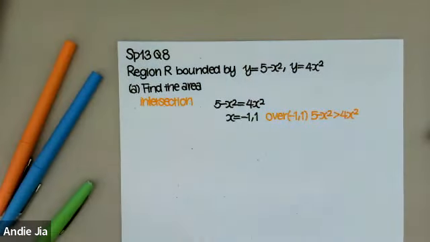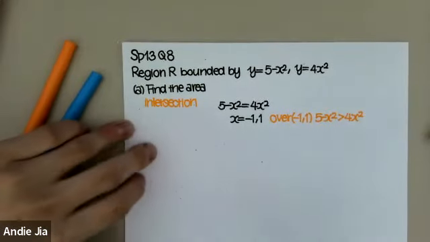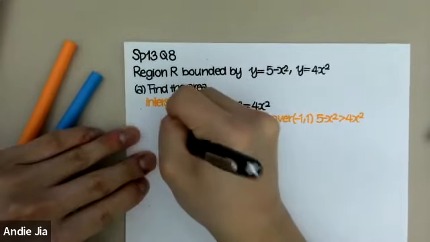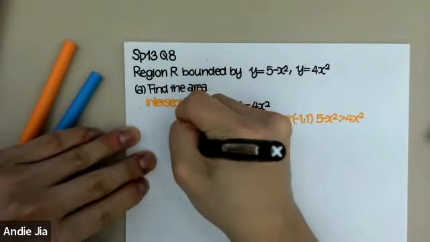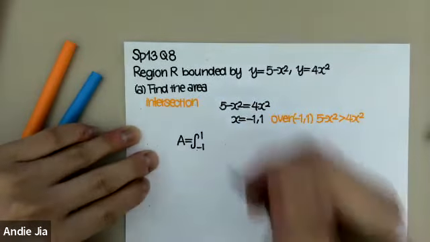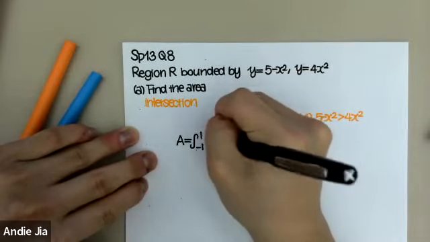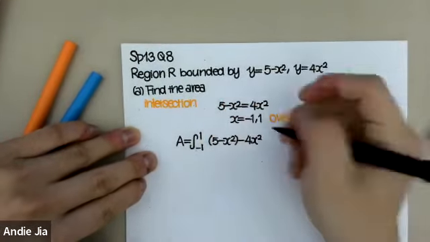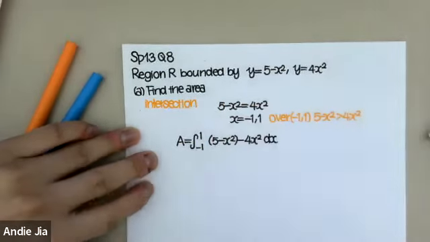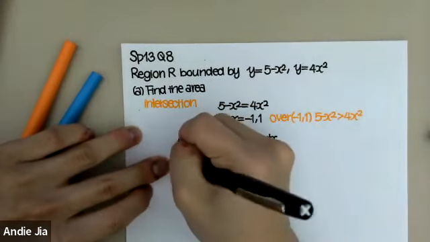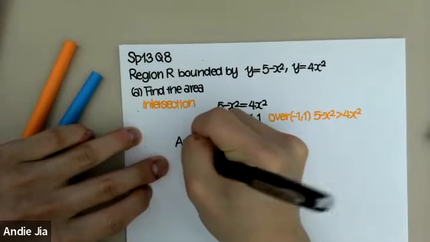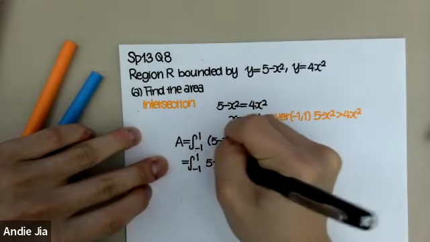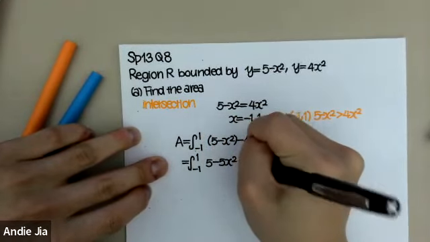Then we set up the integral. This is dx, and the top minus bottom. So it's going to be 5 minus x squared minus 4x squared dx. So it's going to be the integral from -1 to 1 of 5 minus 5x squared dx.